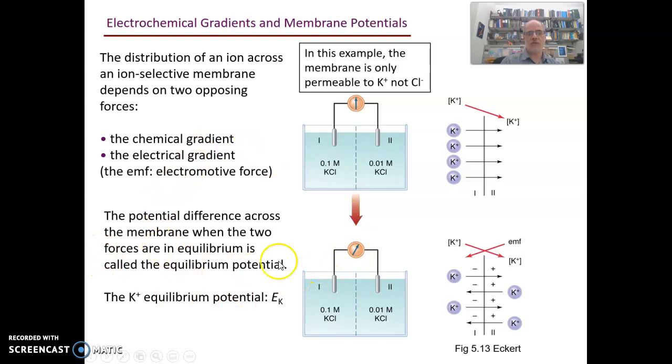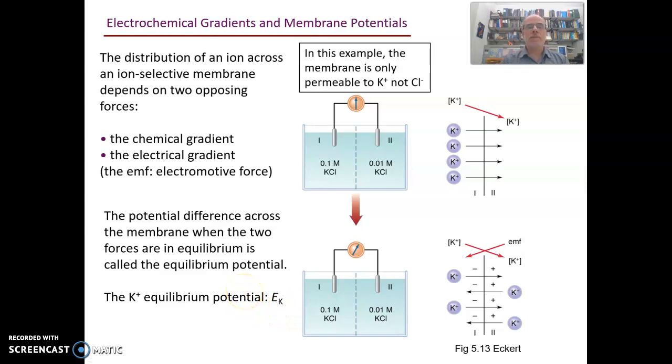So the potential difference across the membrane when the two forces, the chemical gradient force and the electrical gradient force, come to equilibrium, that gives us the equilibrium potential for the specific ion that is moving across the membrane. The equilibrium potential for potassium is represented by E subscript K.